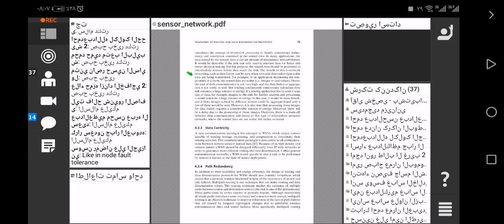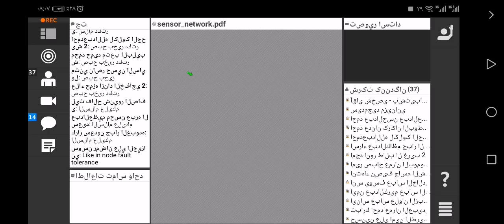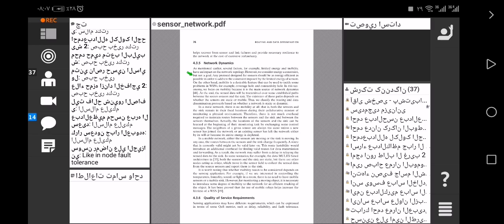Network dynamics relates to mobility, connectivity hole, coverage hole, and so on.